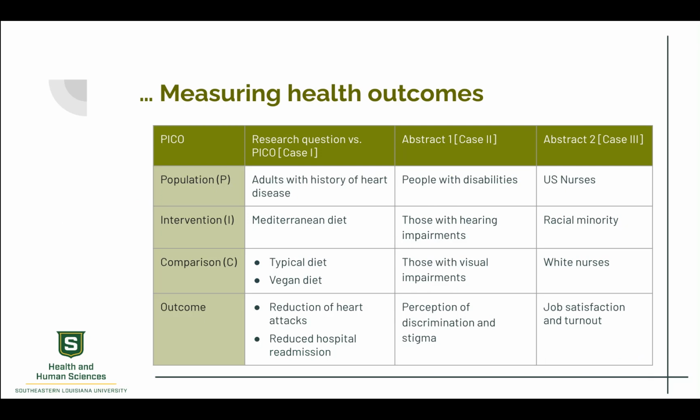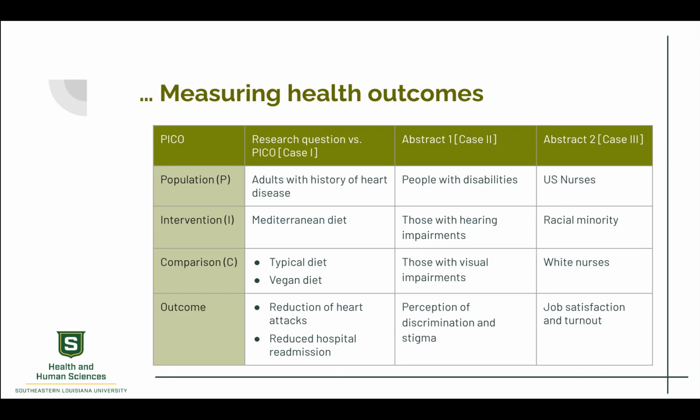this table should be kind of familiar to you. A lot of the information here came from last module where we talked about PICO, and we have the outcomes here showing for case one, case two, case three. You might notice that the outcomes are generally measuring something.